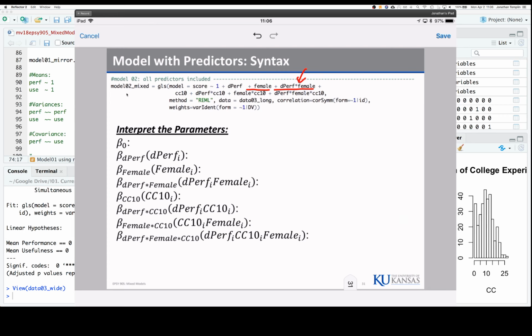Right? So let's walk through what this would be. Beta 0 would be the mean of usefulness. Beta dperf would now be the difference in means, but you'll note dperf shows up in an interaction here, and here, and here.